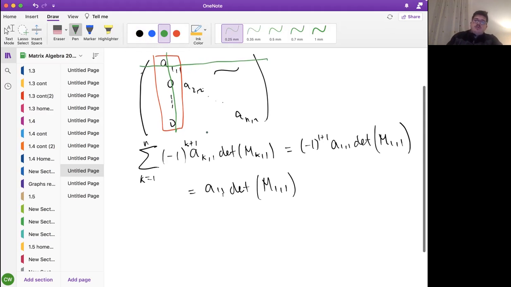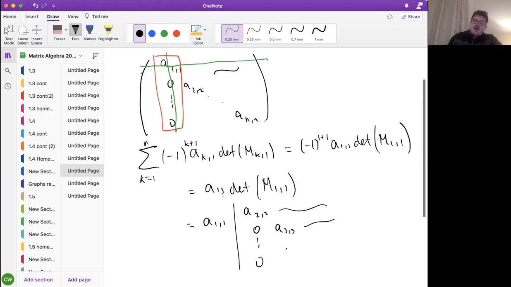So it starts out with A11 times determinant of A22 blah zeros, A33 blah zeros down to ANN. Okay, that looks pretty familiar, right?